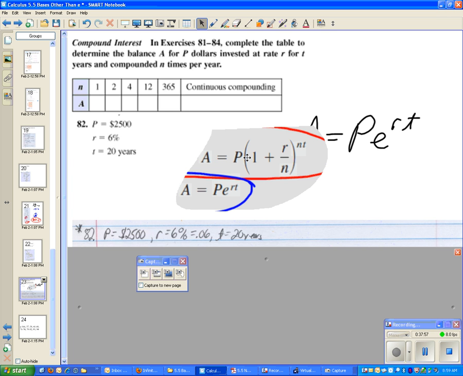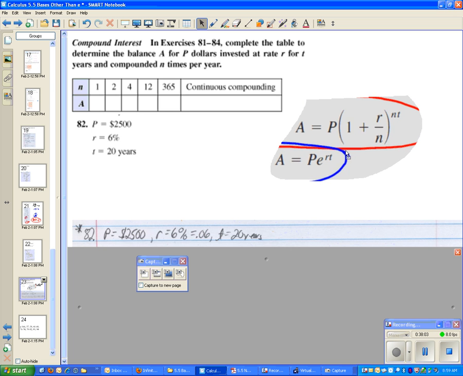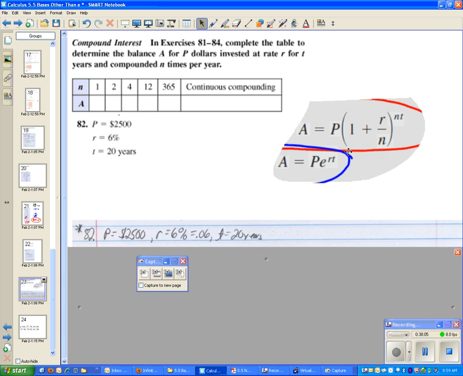All right, so here on number 82, those are the two formulas we need to use. Let's see if we can get this thing finished before the bell rings.